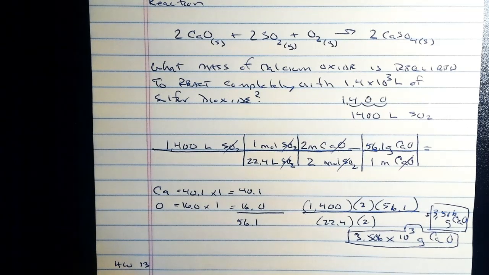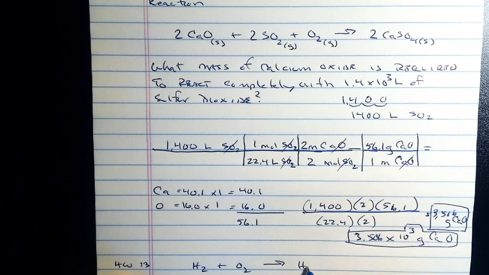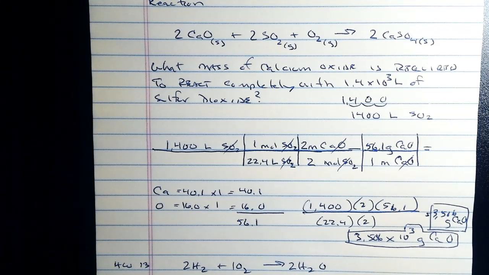Let's do some very simple equation. We can do the formation of water. That's easy. Now when you balance this, we know we're going to have 2 oxygens and 2 over here. And you get a 1 there.